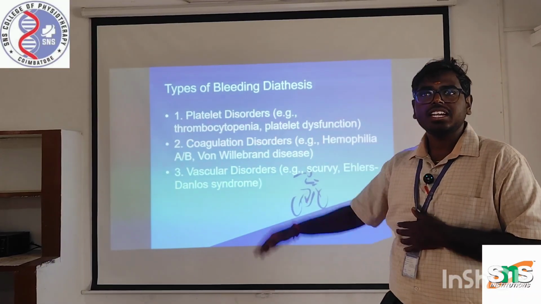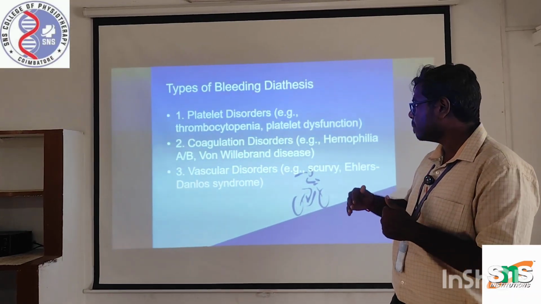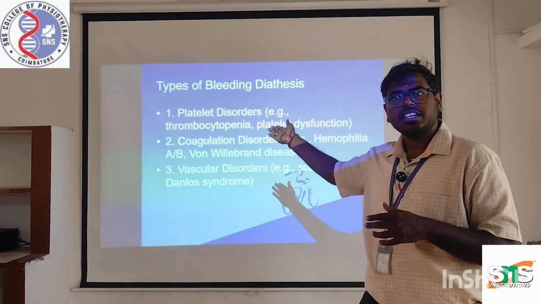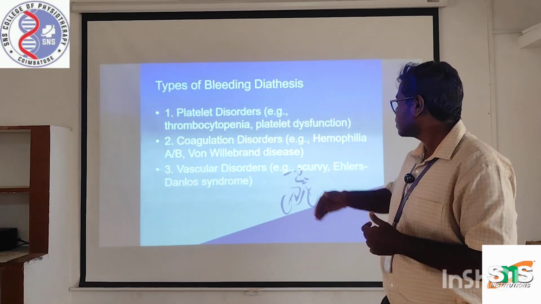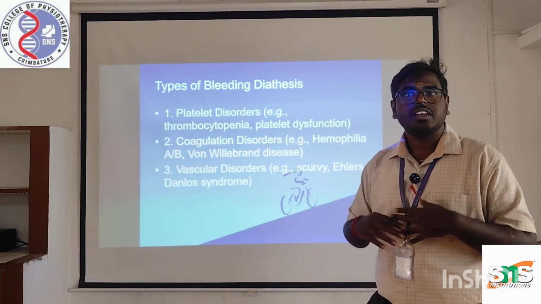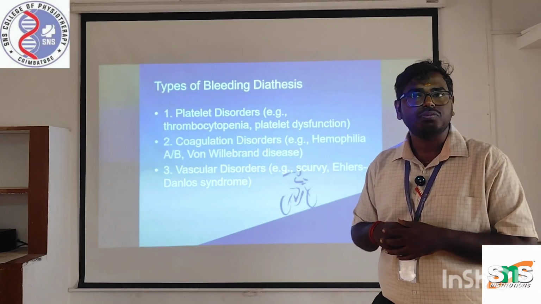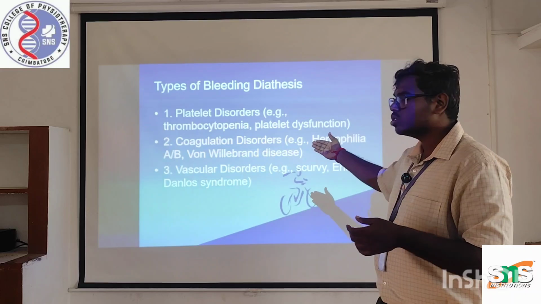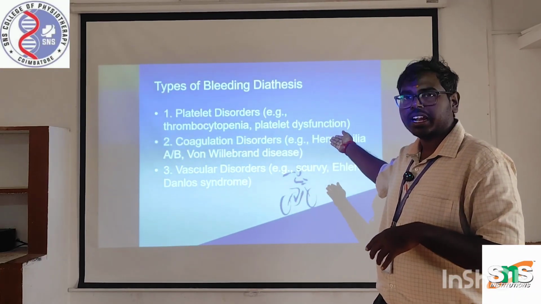Platelet disorders mainly comprise conditions such as thrombocytopenia, where the platelet levels are reduced. Coagulation disorders mainly comprise hemophilia, which is of two types, hemophilia A and hemophilia B, and also the condition known as von Willebrand disease.